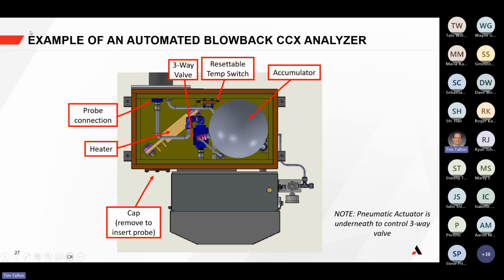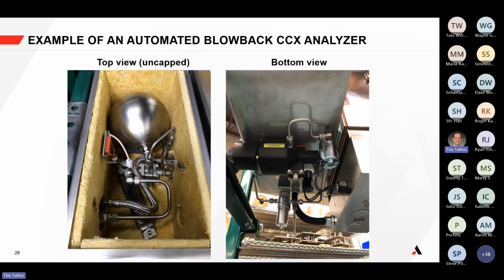How would you access it? Well, this is one way you would access the probe and filter by taking it through this path, removing this probe connection, and taking off this little hook right here, and making sure that everything remains within the correct temperature levels. So this is an example of the blowback, and if you want to see it in real life, you can see that this is the blowback.